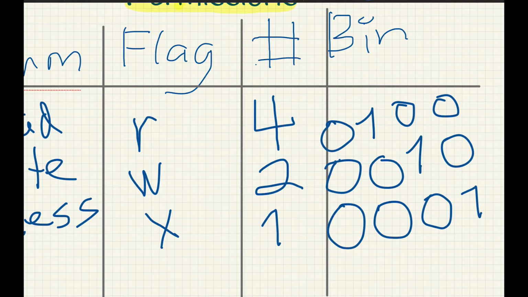What we can do is we draw a line right here and right here, and then we see that all those ones are in different columns, which means that we can combine them as we would like. So let's say we want to combine the read and the write permission. That would be the number 4 plus the number 2 equals 6.